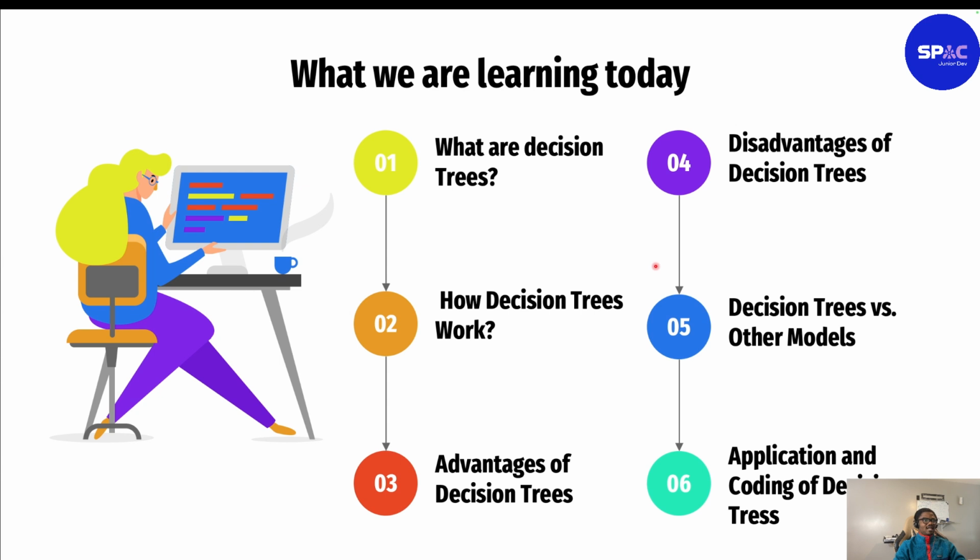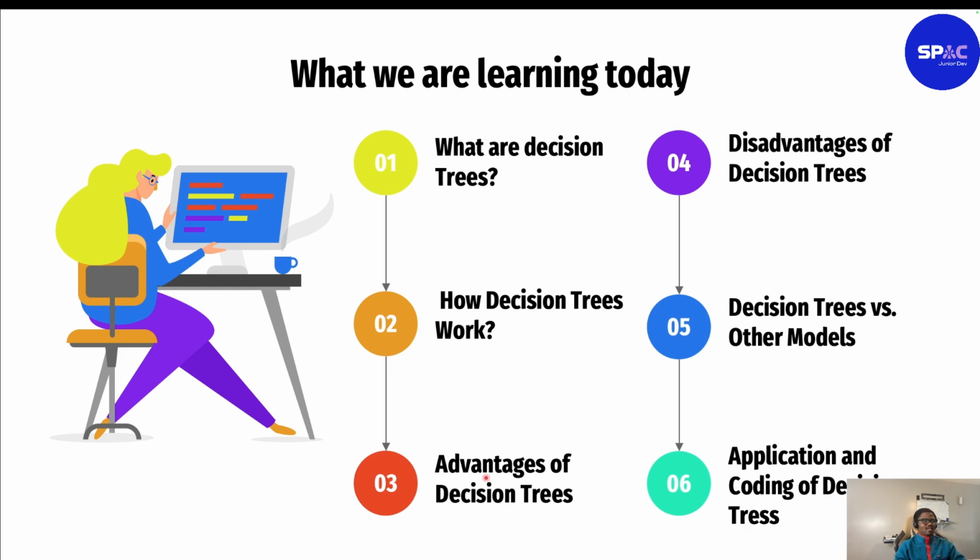So in today's class we're going to be going through all of these sections. The first question that we're going to be answering is, what are decision trees? I will try to explain it in a very simple way that everyone will understand. Then, how does a decision tree work, and how do we use a decision tree to teach our machine?